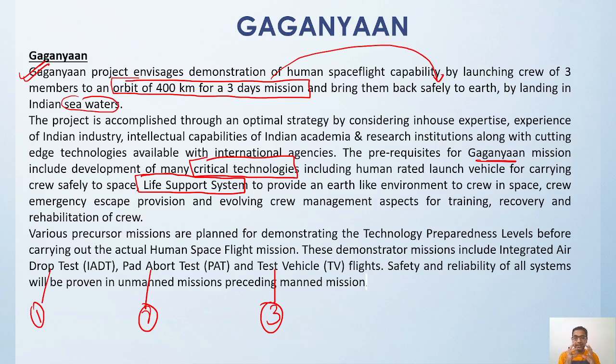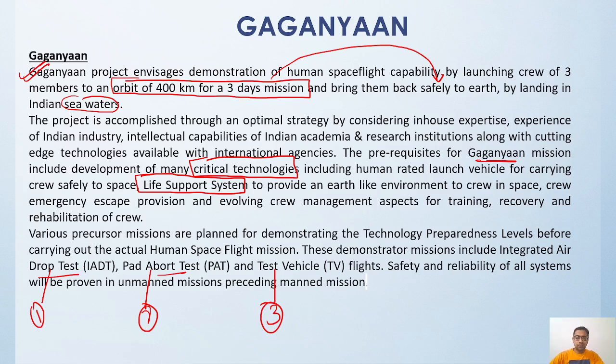Then regarding the test vehicle, the LMV test vehicle that we are going to send, then the pad abort test, then an unmanned flight after that, we will be checking whether the proper functioning is working or not. So after the integrated drop test, the test vehicle mission, and the pad abort test, which we have already discussed, once everything is over, we will be sending the unmanned flight first.